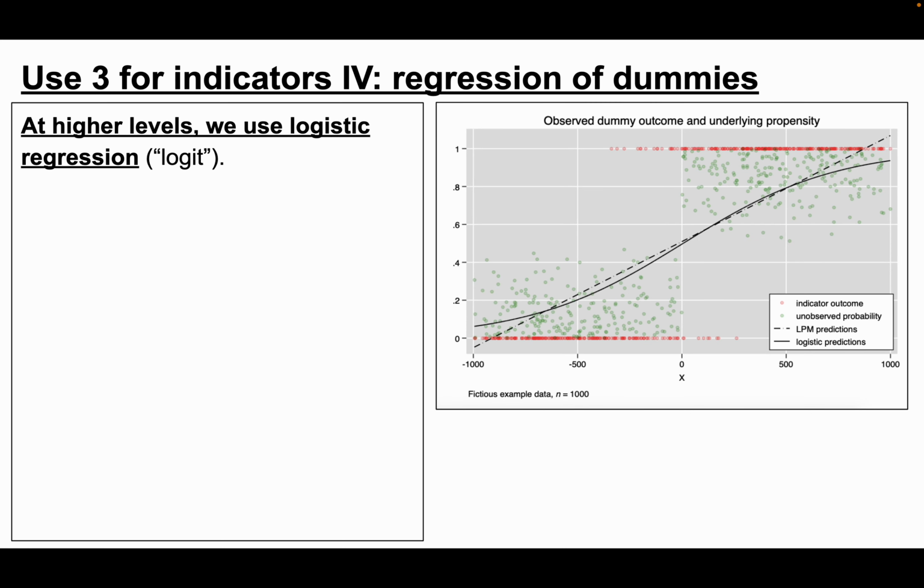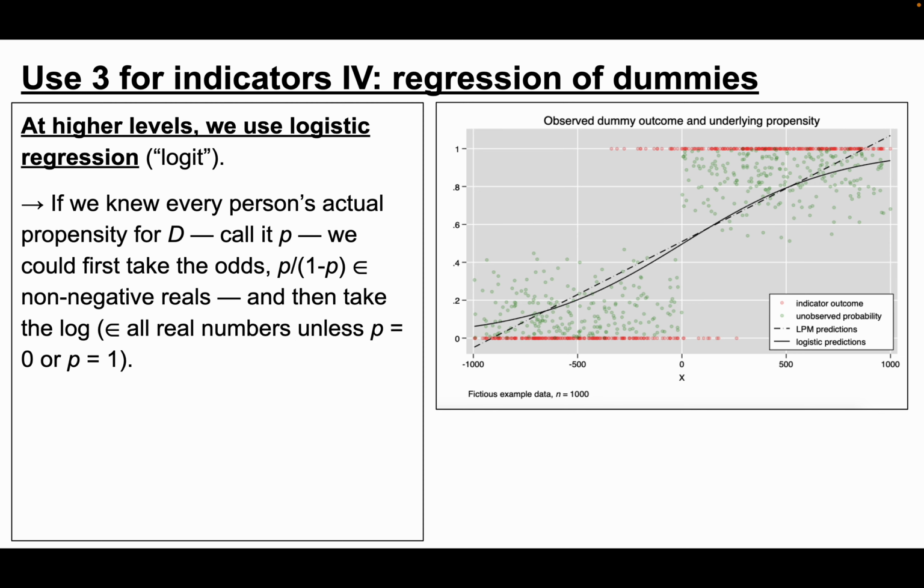What's a common technique at higher levels? Well, we can use the logistic regression technique, or logit, and basically what that does is assert that there is this underlying sigmoidal shape of the probability, which also sometimes is replaced by a probit relationship, which is really closely related to that CDF of the normal that I was mentioning before.